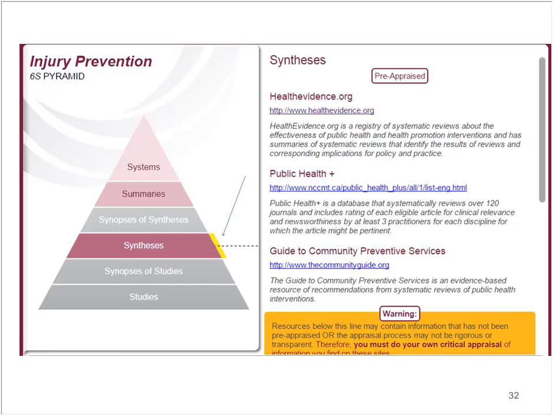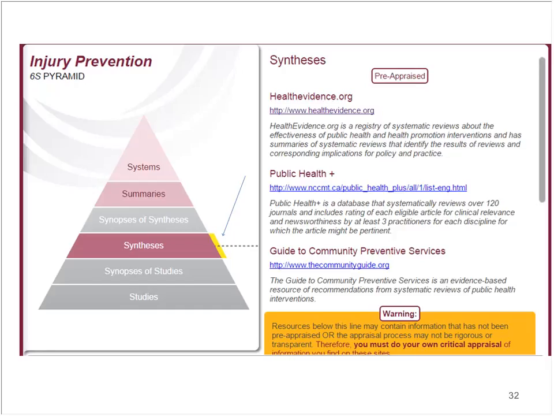So healthevidence.org is a really good source for syntheses, and here what we're talking about is systematic reviews, meta-analyses. These are the kinds of sources that bring together single research studies in a systematic way and give you an overview or a synthesis of what we know about the evidence in that field.